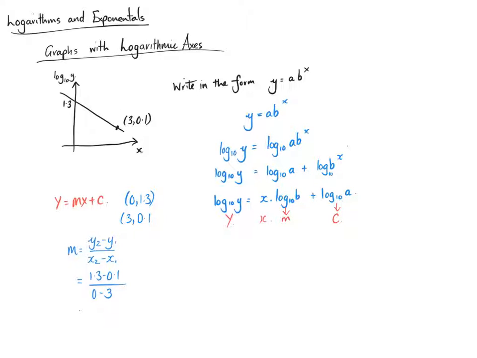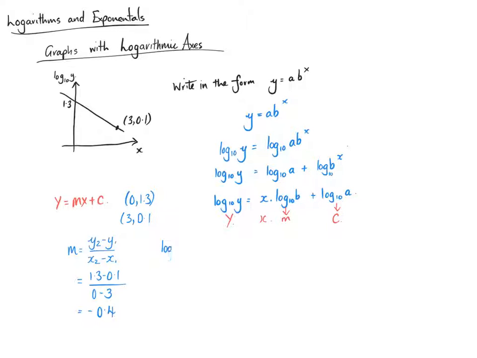It doesn't matter if you've got them the wrong way around, you're still going to get the same thing. Once you've plugged that into a calculator, you'll get negative 0.4, because we get 1.2 divided by 3, which is negative 0.4. We know that's our gradient m, and so we need to find our b.